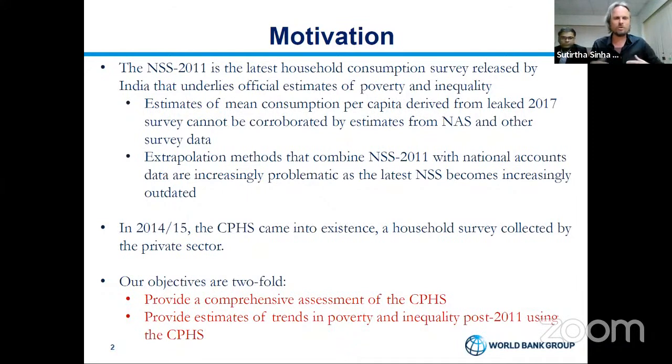And I say the whole distribution because national accounts doesn't really give you any additional information that would allow you to infer how inequality might have evolved over time. And so one is forced to make the assumption that the dispersion in household consumption has remained unchanged. So the whole consumption distribution is moved forward.